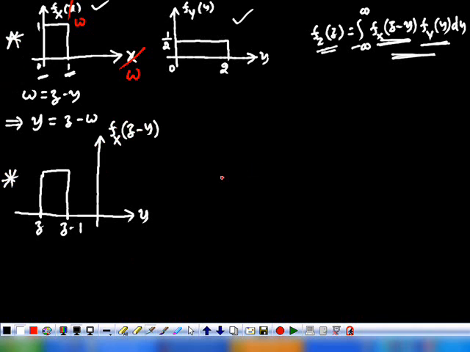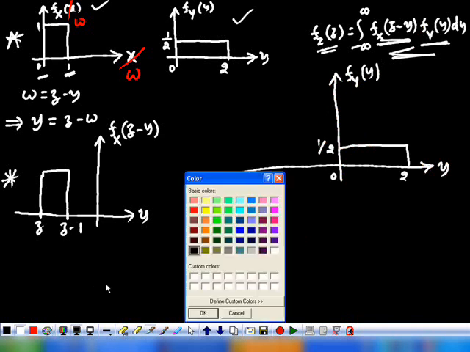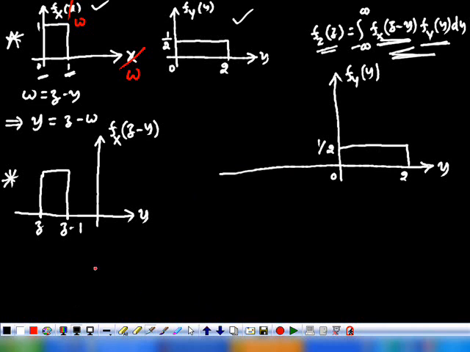Now let us plot this fY of y again. Nothing special is there, we are simply implementing this integral. So this is fY of y, I plotted it as it is. Now on the same plot, we plot this also. So here, I am plotting this.